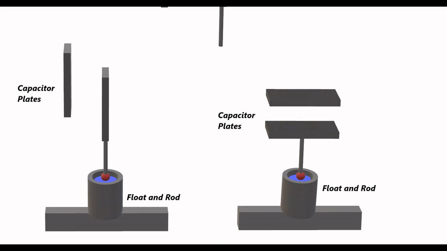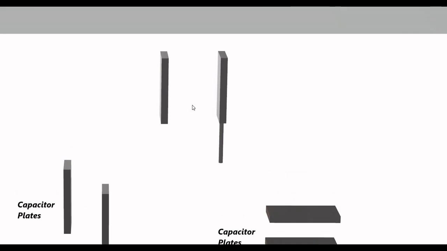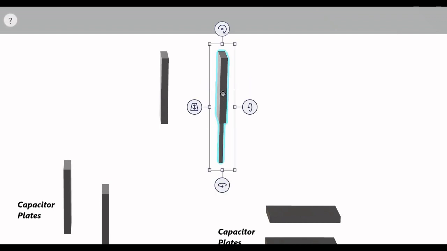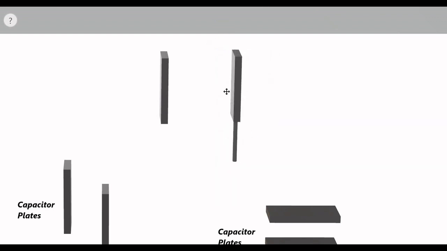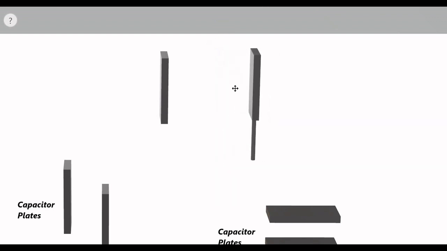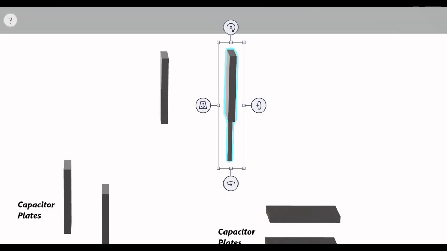Whenever there is any change in the level, the movable plate which is connected to the float and rod can either move in this way, which leads to change in separation distance, which is this second arrangement.